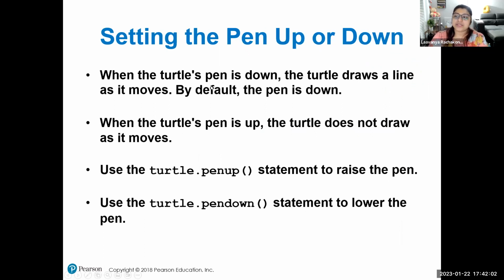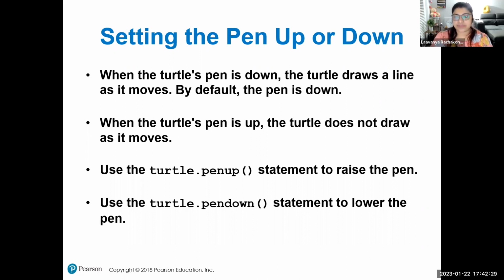When the turtle's pen is down, that will give you some output on the paper. So let's take it as pen and paper. If you have your pen tip down, only then you can see some output on the paper, right? If the pen tip is up, then you cannot see anything printed on that paper. Same logic here, when the turtle's pen is down, it will draw a line.